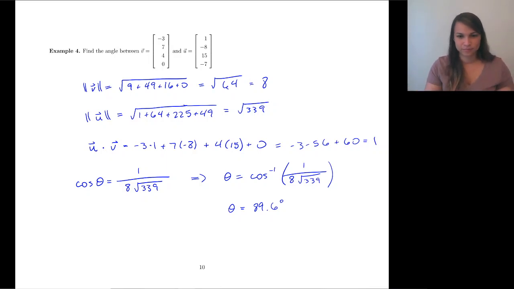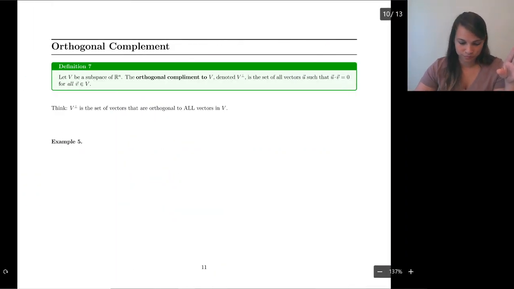All right, so now that we've got all this stuff about perpendicular, let's really lean into this orthogonal thing.